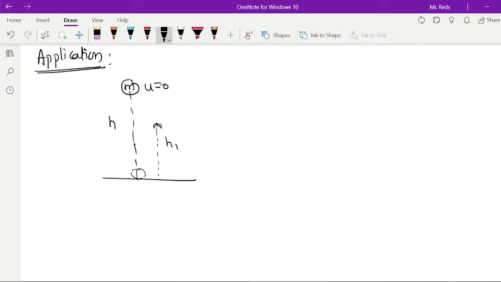Different interrelated questions will come. It may undergo not only one collision: it goes to a height, comes back and undergoes a second collision. Like that, it bounces n number of times. After the nth bounce, what is the height raised in terms of the initial height? You may ask this kind of question also.